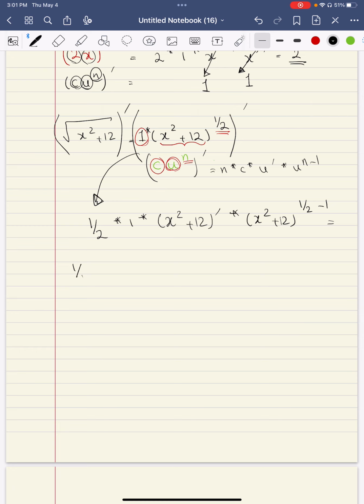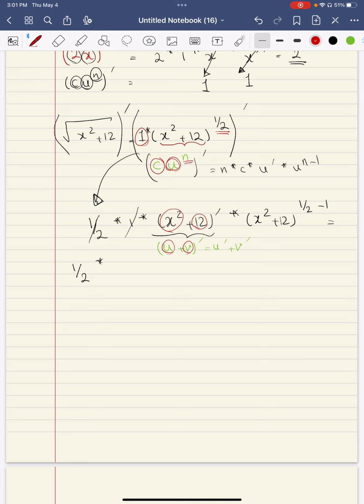So we have 1 over 2 times here, x to the power of 2 plus 12. We had this formula in our cheat sheet, which is u prime plus v prime. You can write it like your u is x to the power of 2 and your 12 is v.